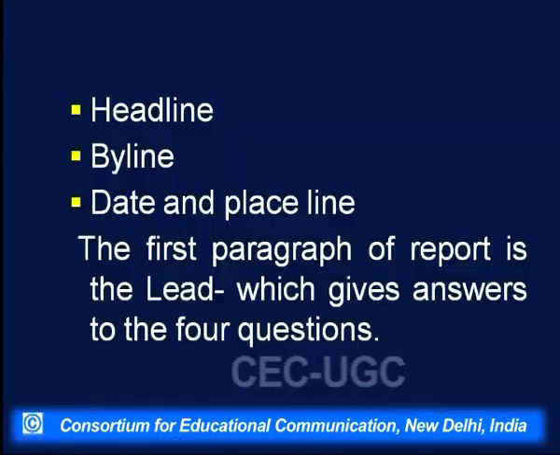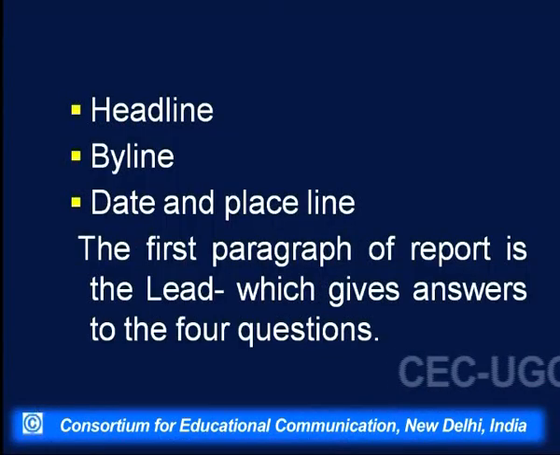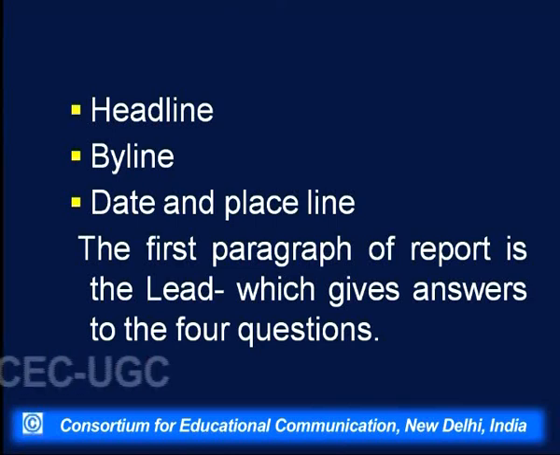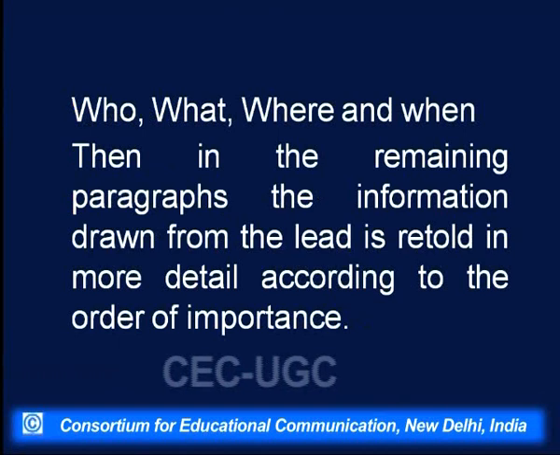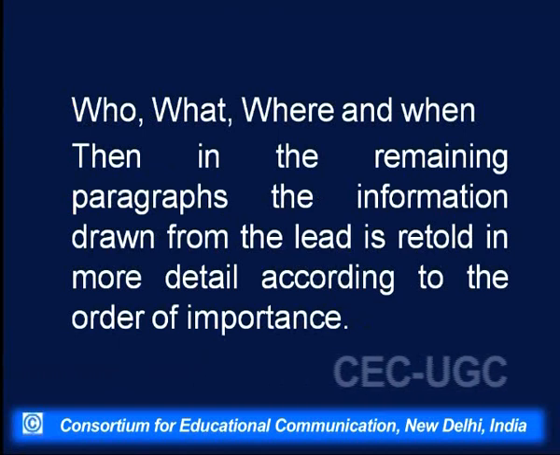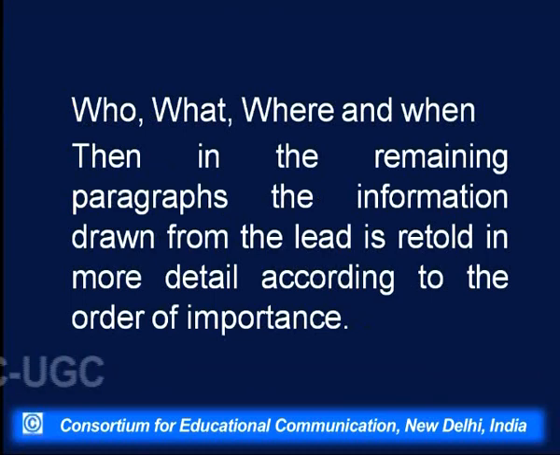A newspaper report is in the form of an inverted pyramid. First there will be a headline, then a byline, then a date and place line. The first paragraph of the report is the lead, which gives answers to the 4 questions: who, what, where and when. So, these 4 W's, who, what, where and when, will be answered.